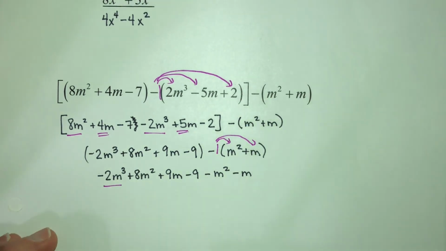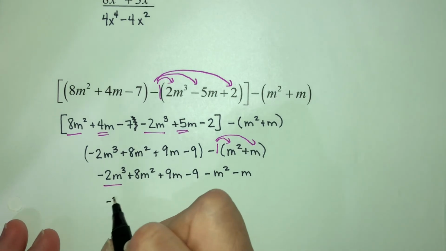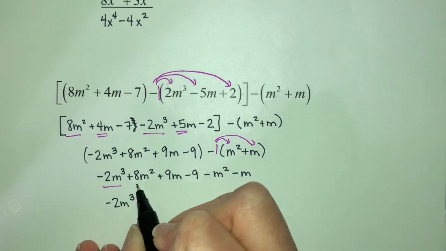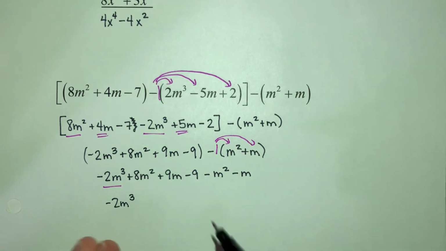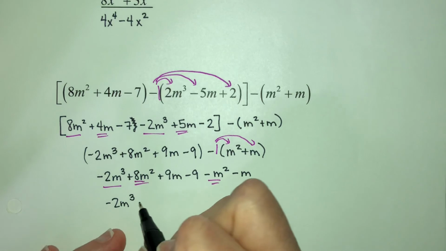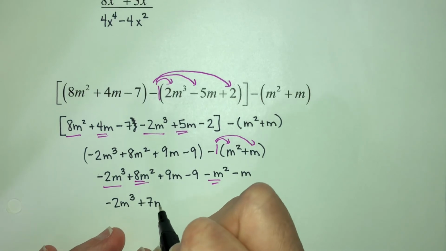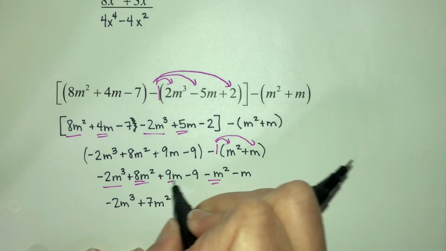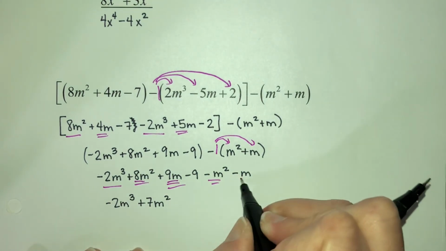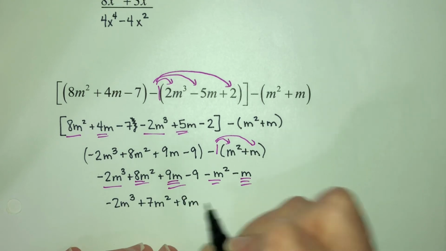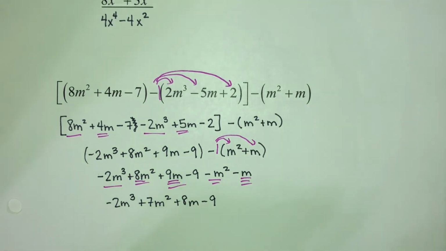And we have that 1 cubed term, so that's minus 2m cubed. 8m squared minus m squared is 7m squared. 9m minus m, so that's plus 8m minus 9. And we're done.